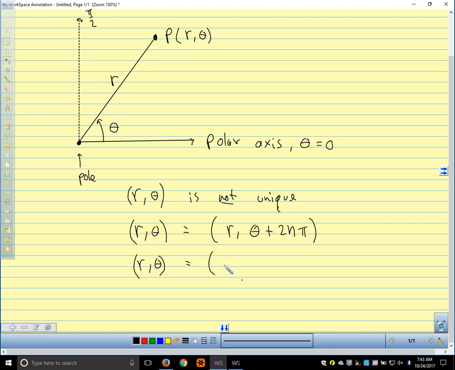We could go (negative r, theta + (2n+1) pi), an odd multiple of pi.